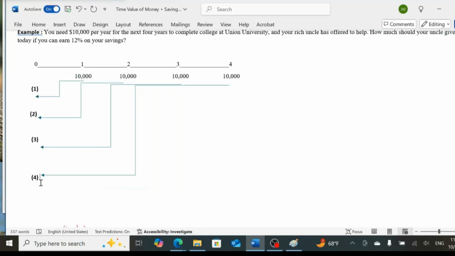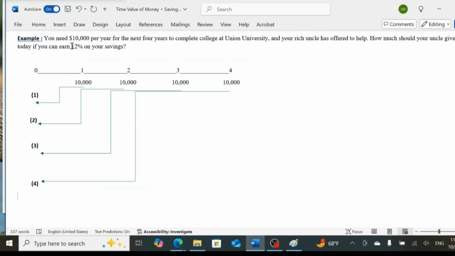Make sure it will grow to $10,000. So let's figure out how much the first check, second check, third check are. This is actually the present value of each of these single cash flows, right? Assume you can earn 12%. So what is the amount of the first check?